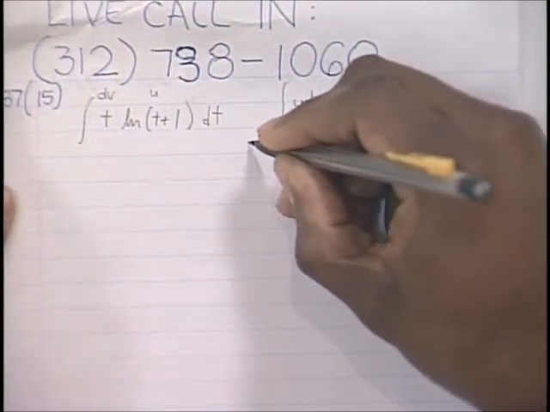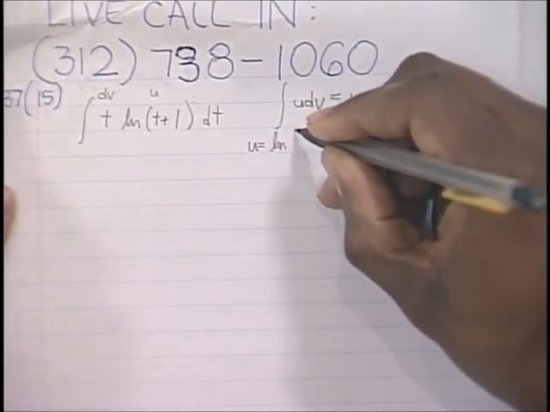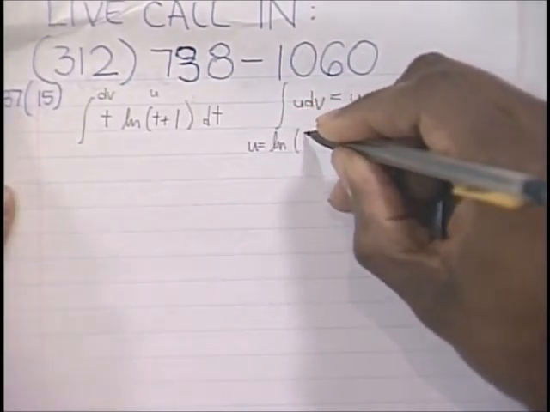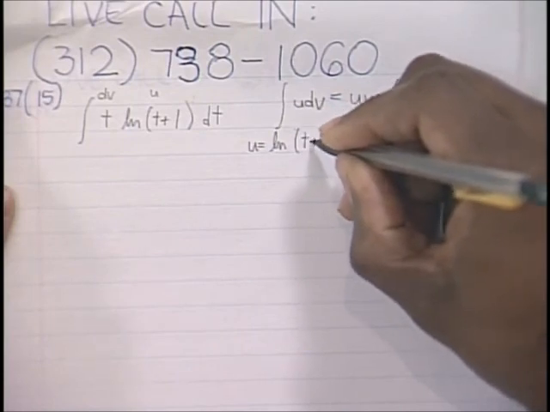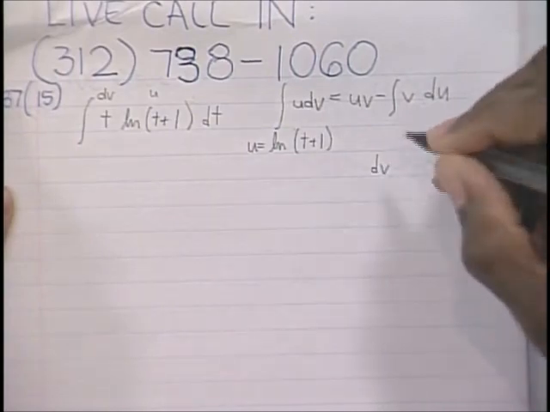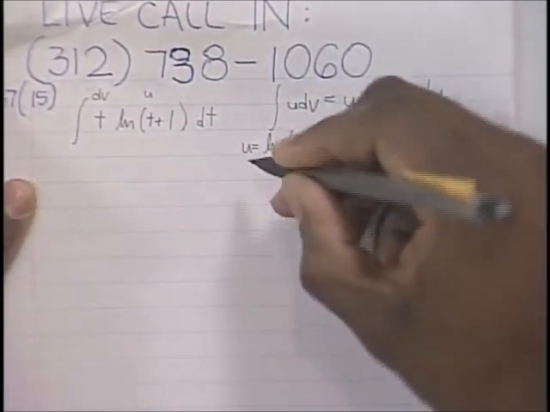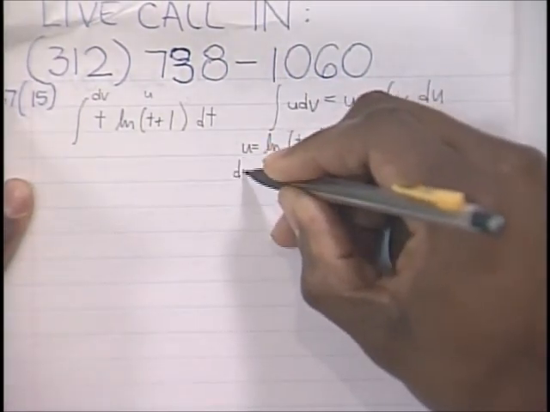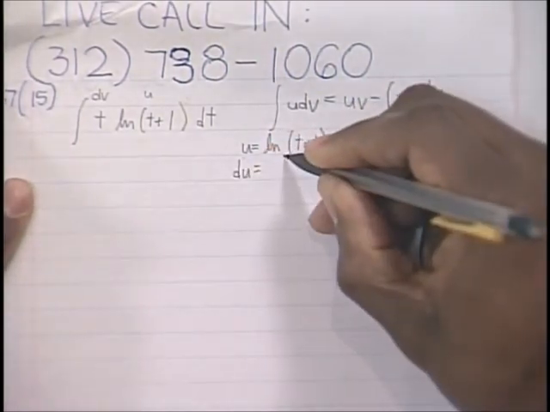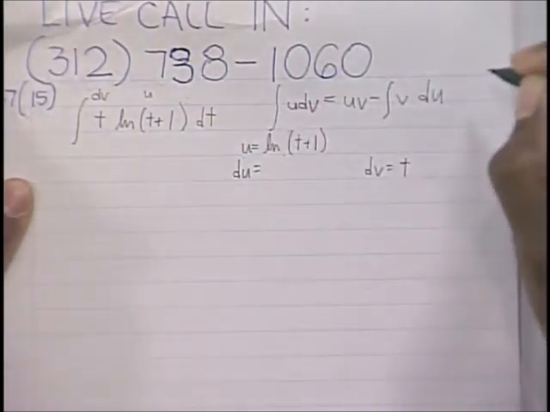All right, so now what do we have? If we call u natural log of t plus 1, and we call dv t, now you'll need du, which is, you'd have to know how to take the derivative of a natural log.